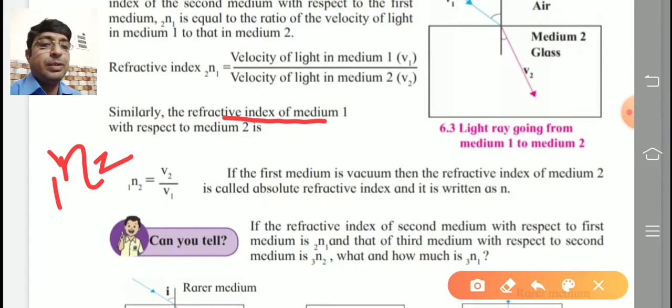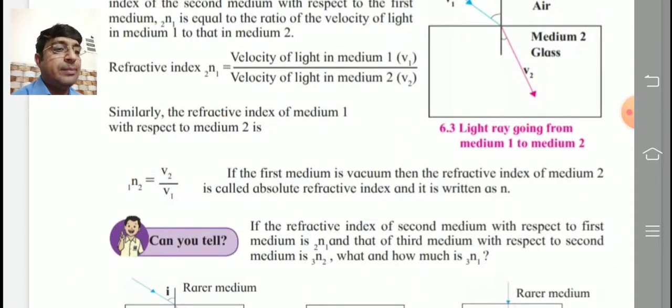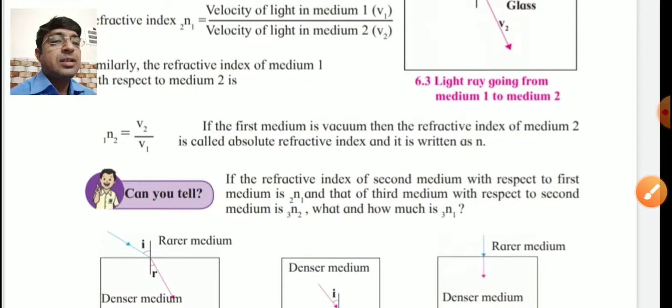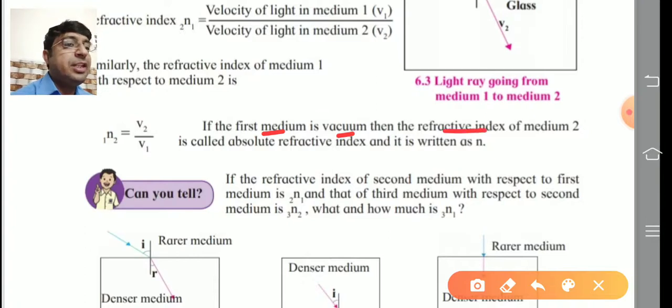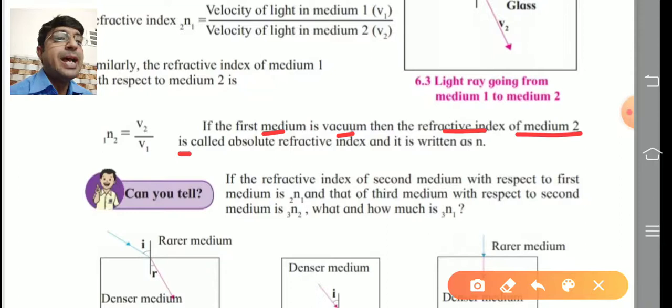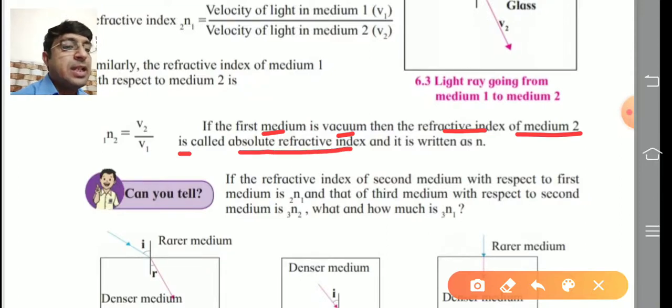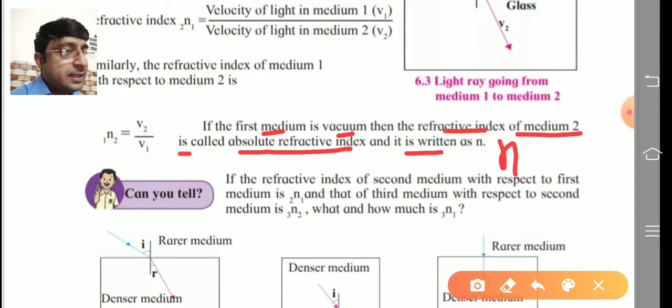The velocity of light in the second medium is taken as numerator. So v2 divided by v1. That is the second formula. Next, if the first medium is a vacuum, then the refractive index of the second medium is called absolute refractive index, and it is indicated only by a symbol, that is a Greek symbol.